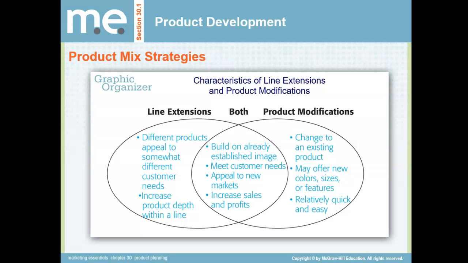And here you go. Here is a comparison between line extensions and product modifications. Both are built on an already established image. They meet customer needs. They appeal to new markets and increase sales and profits. And think about line extensions and modifications as trying to get into potentially different markets.